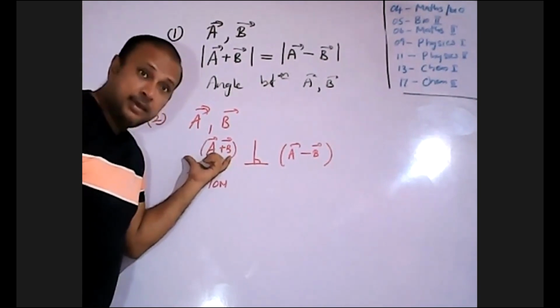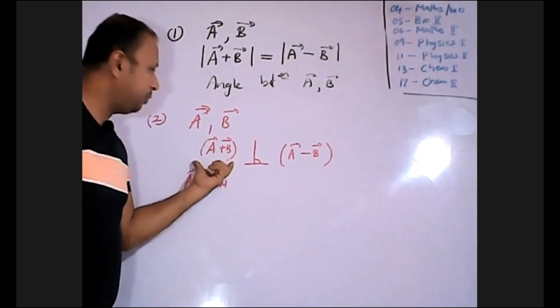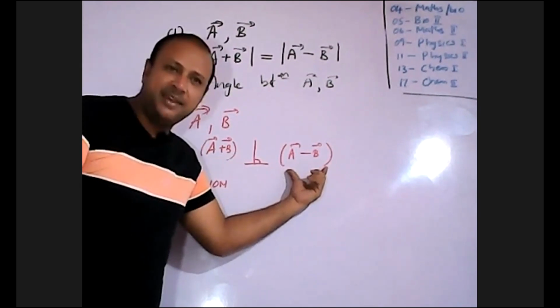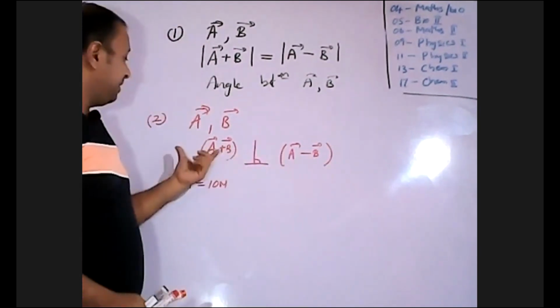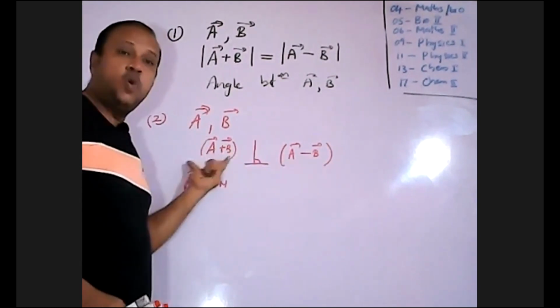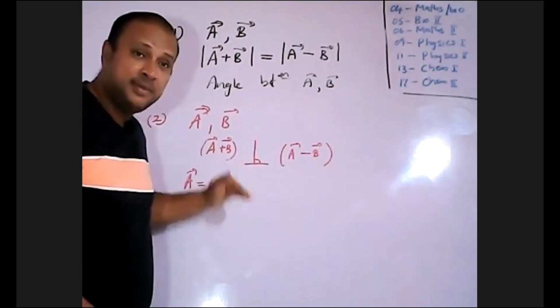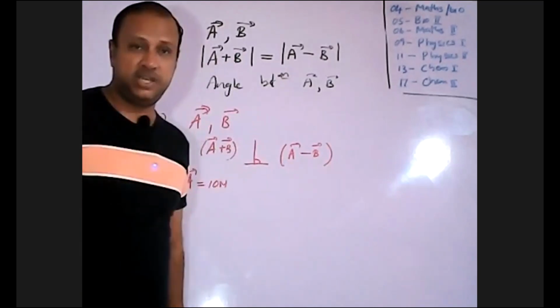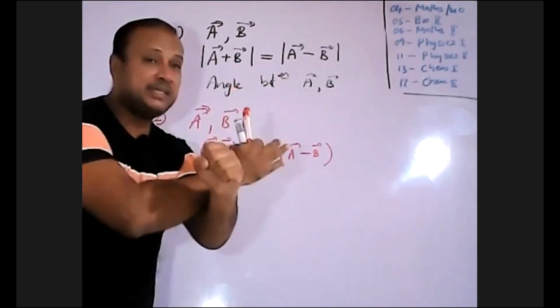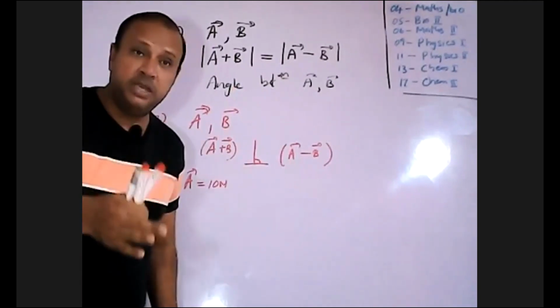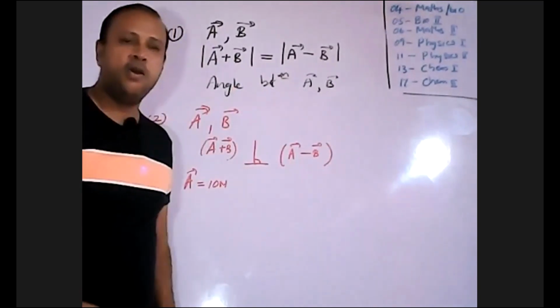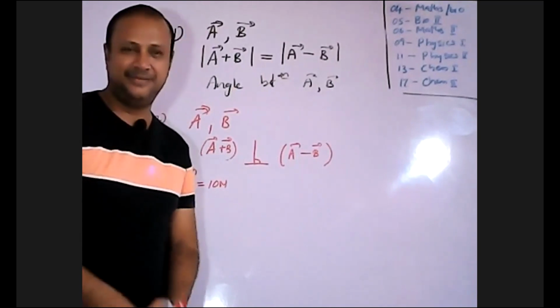This is a diagonal. This is another diagonal. That means two diagonals in this parallelogram are perpendicular to each other. If two diagonals are perpendicular to each other, that means this parallelogram should be a square or a rhombus.